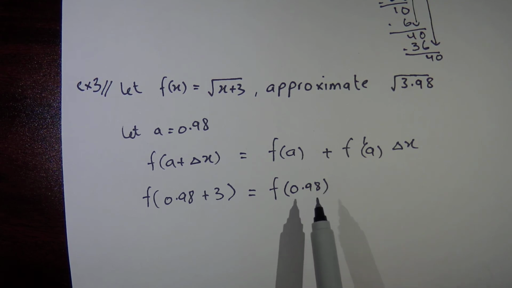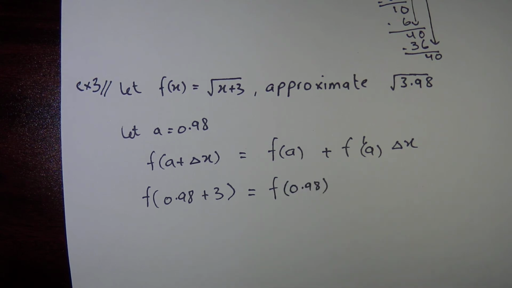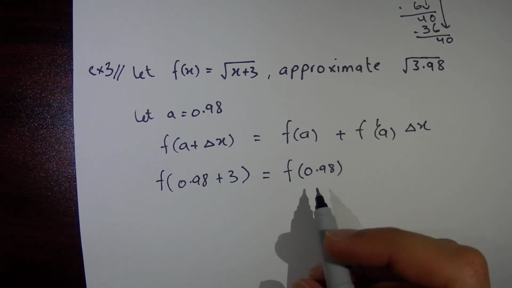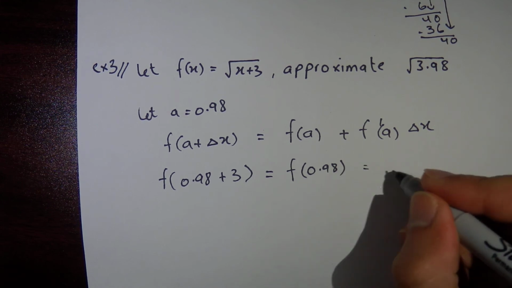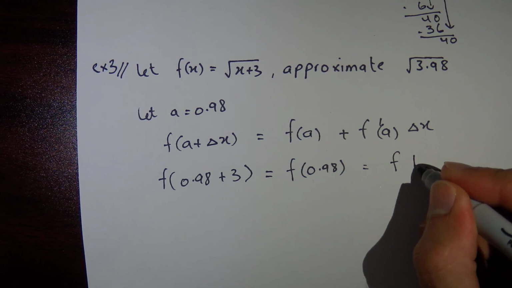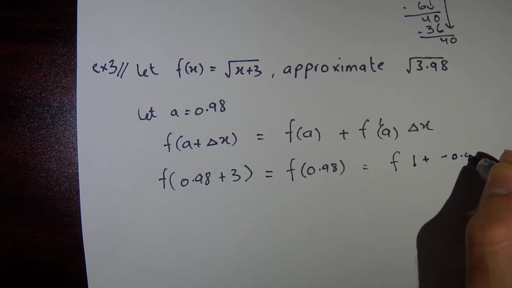So what we're allowed to do in such a case is use this value right here of a to solve the entire question. I'll show you exactly what I mean here. f at 0.98 is the same as saying f at 1 plus negative 0.02.